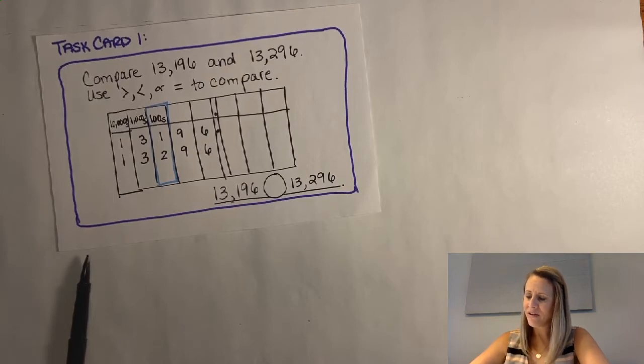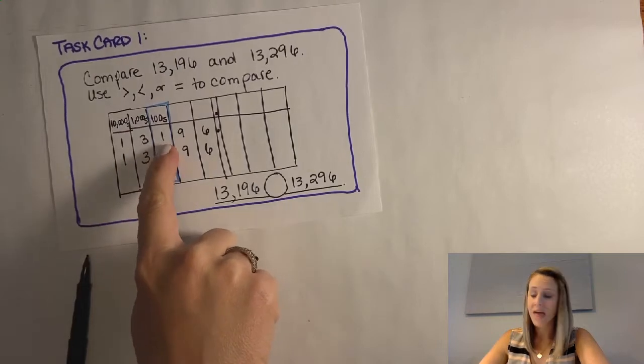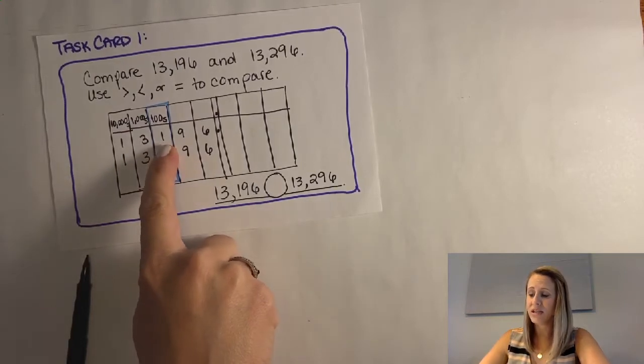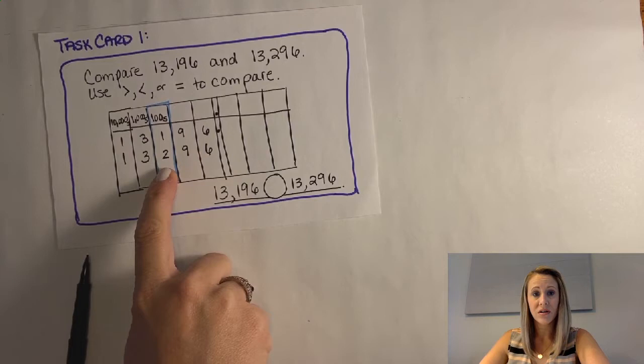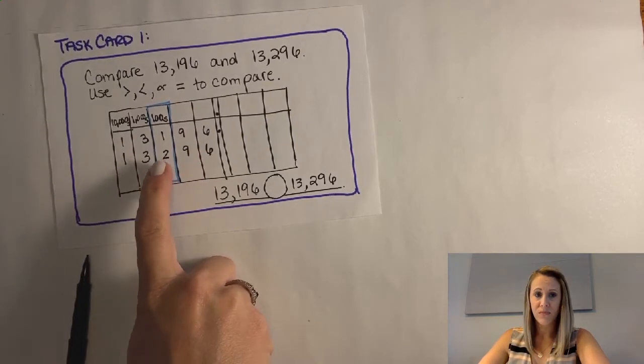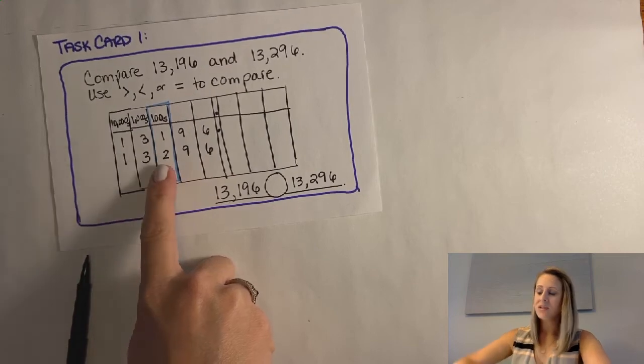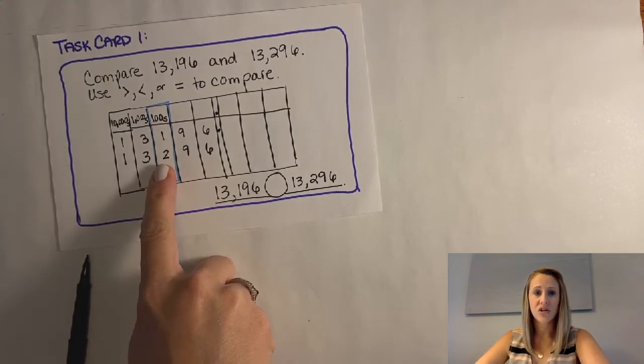So when I look here, my top number has 100. My bottom number has 2 100s. That means it is 100 times larger than the first number. Okay, so which of the two is larger?